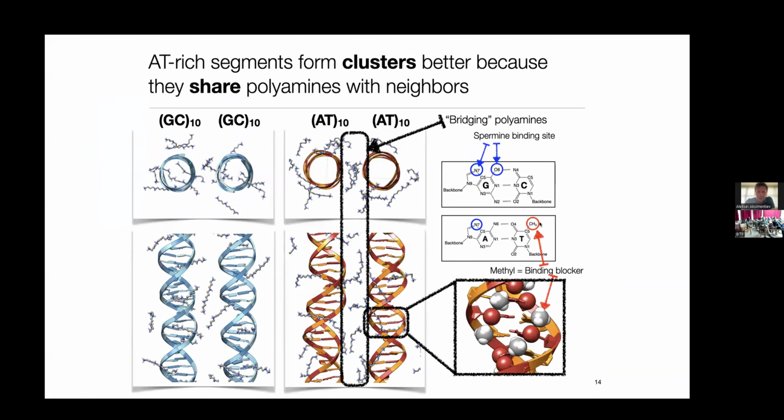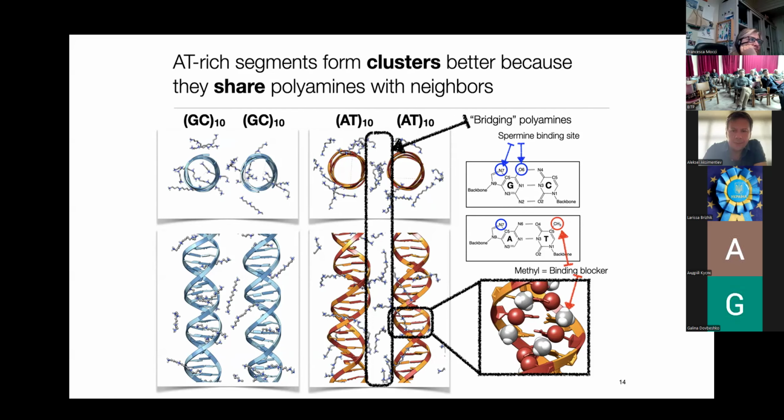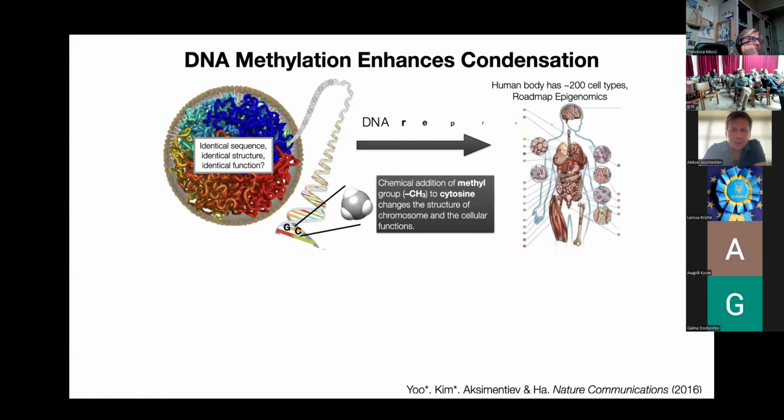The mechanism was actually not really physics, it was more chemistry. The reason is that the thymine nucleotide, or T, has this methyl group, which does not allow spermine to bind to the groups of the molecule, and that promotes their bridging interactions with other molecules, and that's how we end up with the attraction. So with that insight, we asked the question, what other systems have methyl groups? And of course, that has to do with methylated DNA.